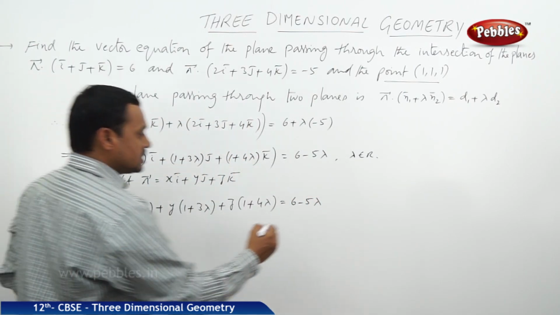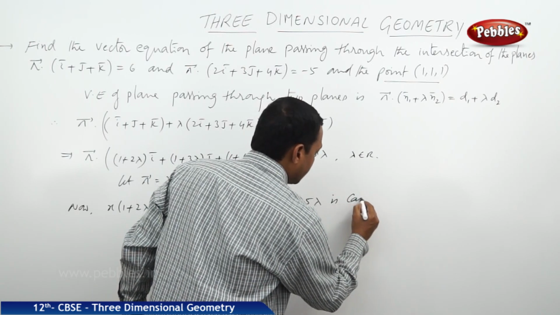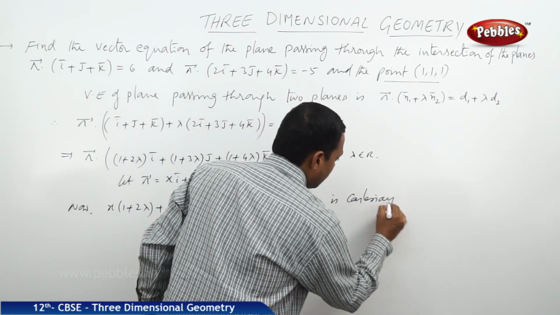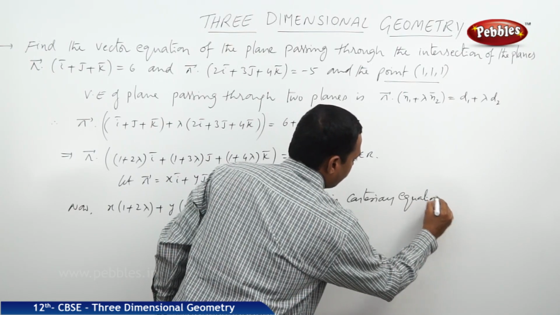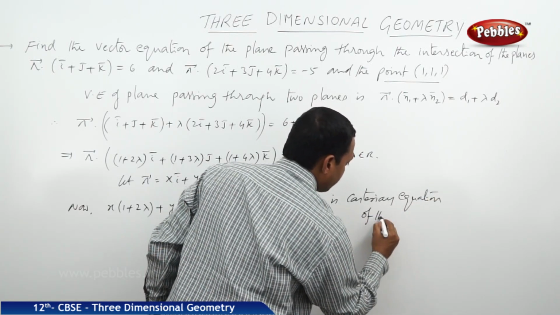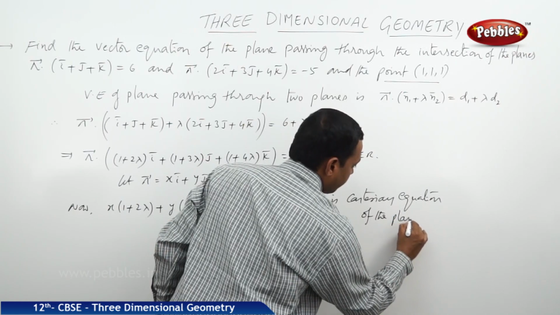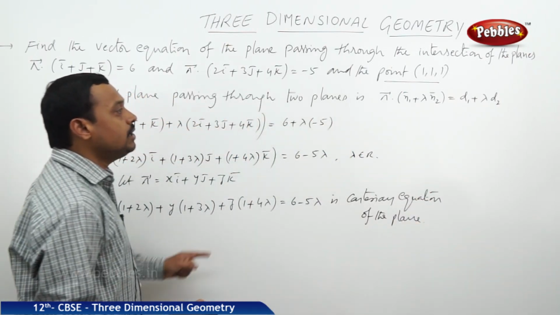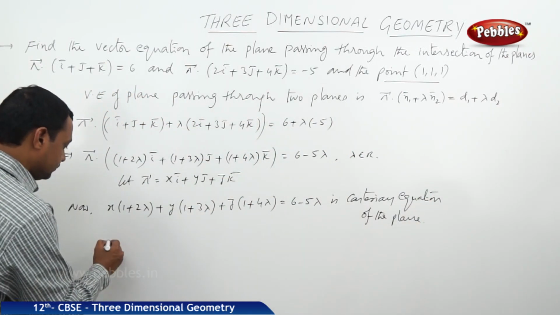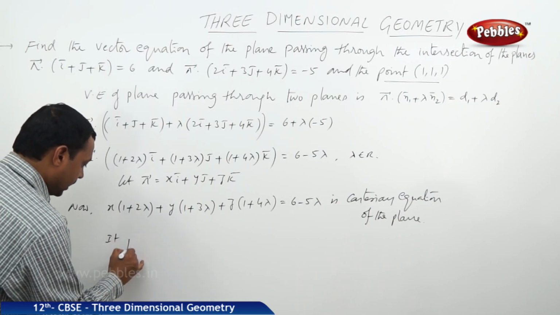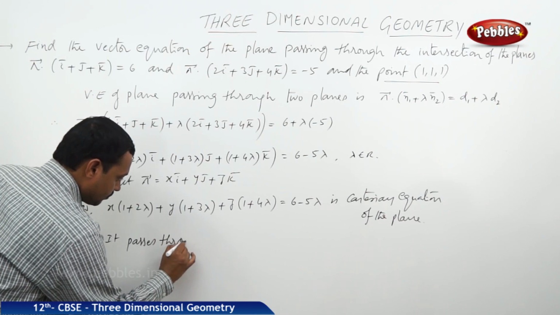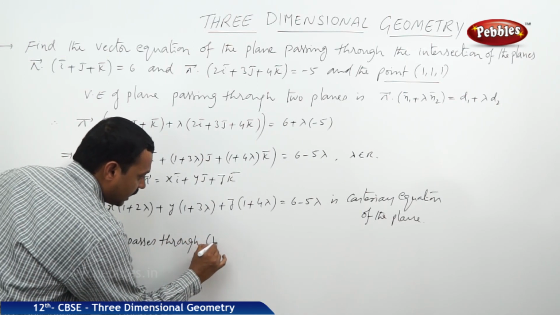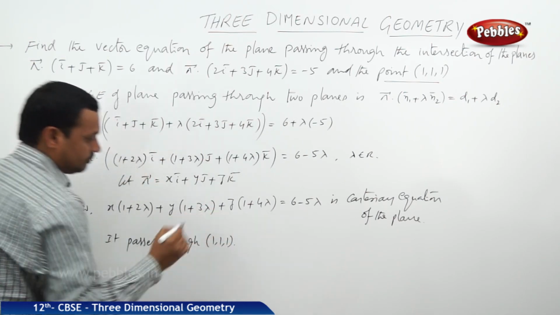This is the Cartesian equation of the plane. But this plane passes through the given point (1, 1, 1).